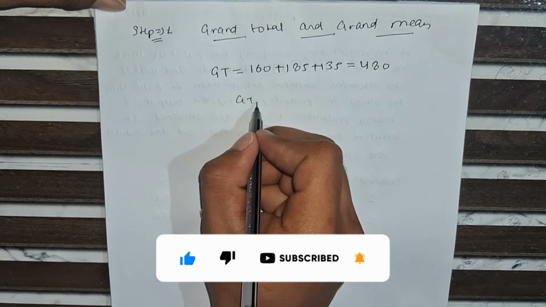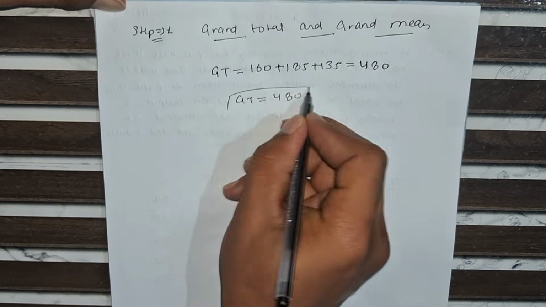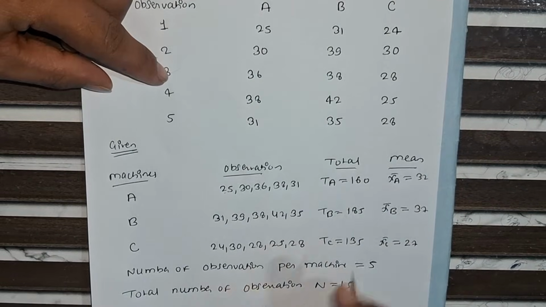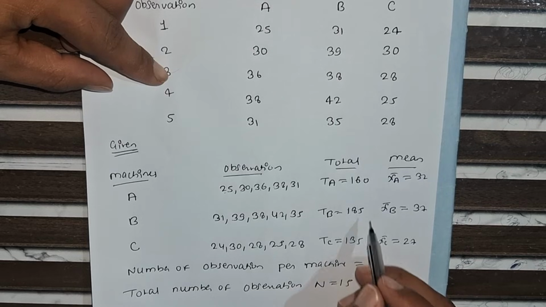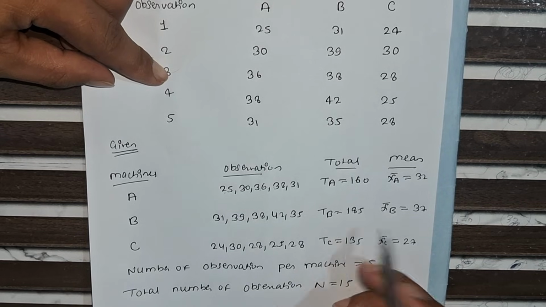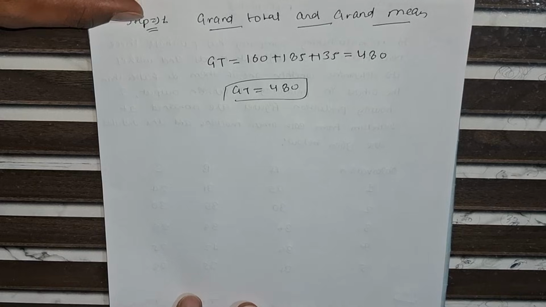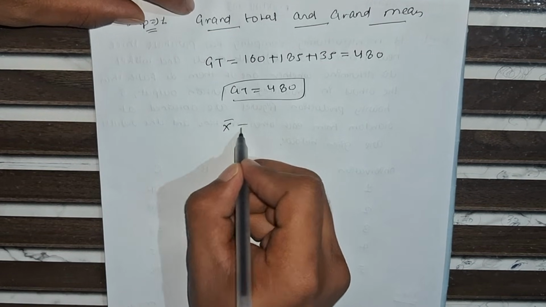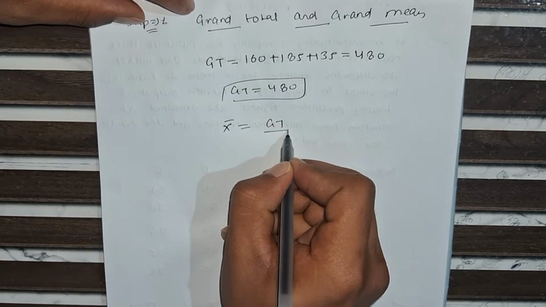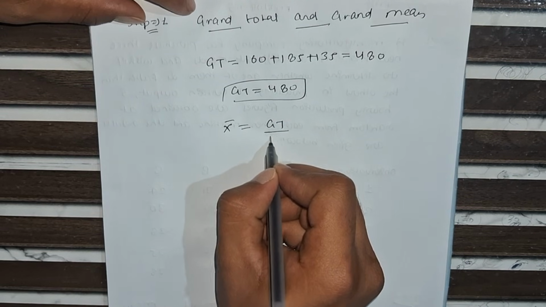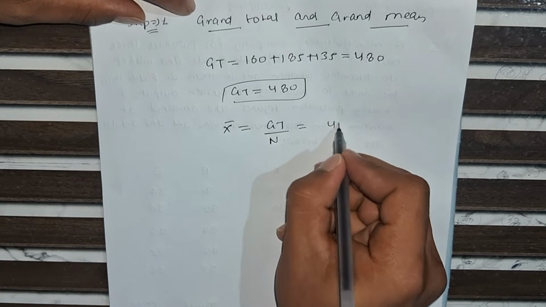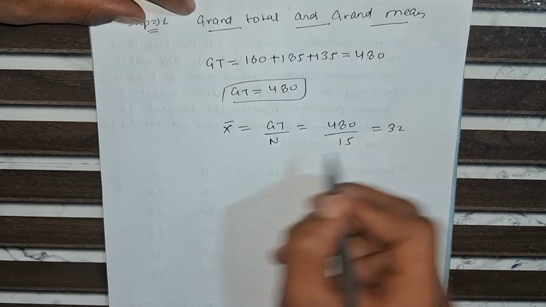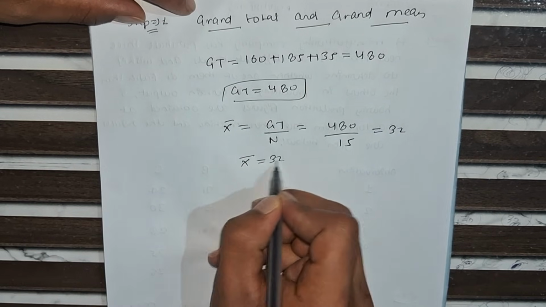This is our grand total. And what is our mean, which can be represented as X bar, which is equals to our grand total divided by total number of observations, which is nothing but capital N. So our grand total value is 480, and capital N value is 15. It becomes 32. So our grand mean is equals to 32.